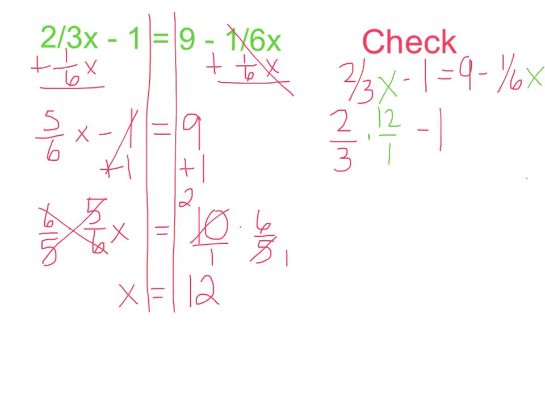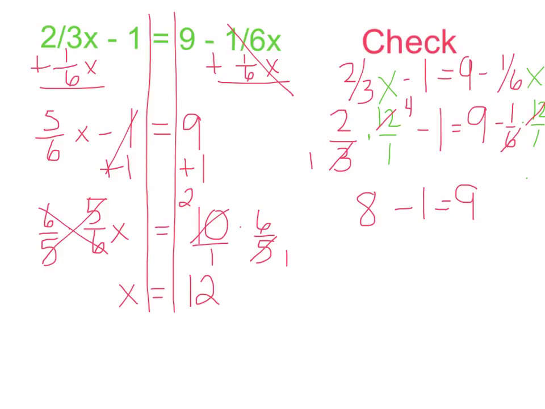Just going to make it a little easier on myself here. Equals 9 minus 1/6 times 12 over 1. So 3 cancels out, the 12 becomes a 4, 2 times 4 is 8.